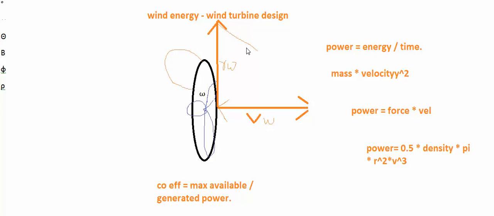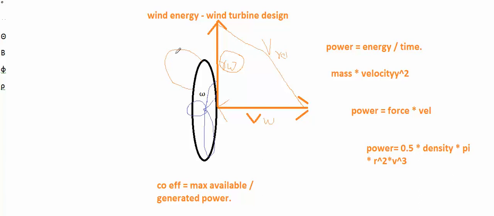So it would be this. Now we can call this the relative velocity. This is the velocity experienced by the molecule which is on the tip of the blade.